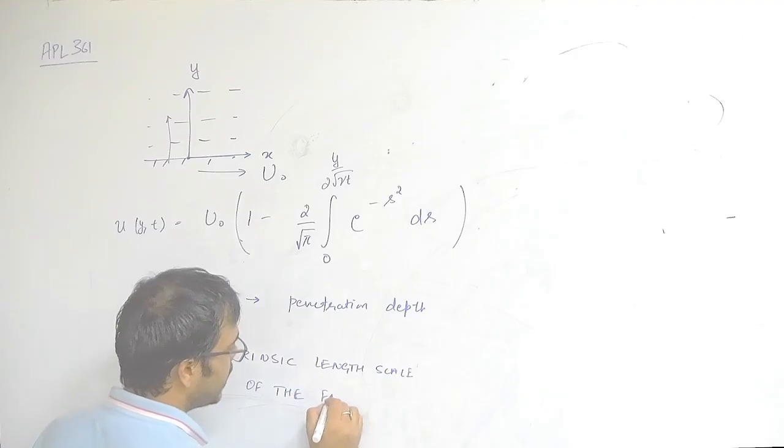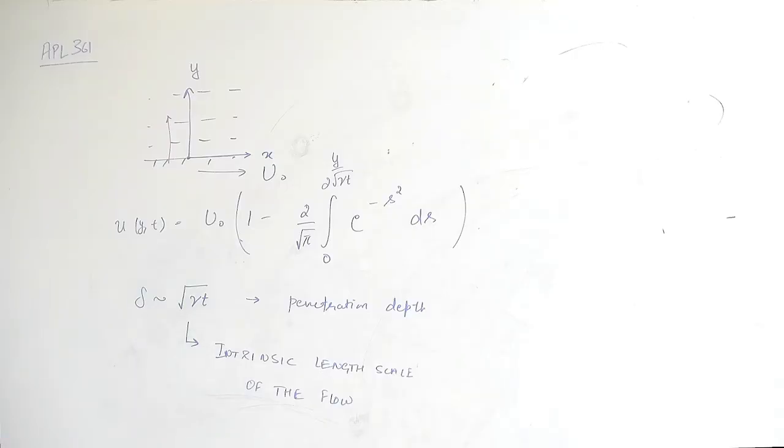What it means is that there is no externally imposed geometry or geometric scale in this flow, because the fluid extends from y equal to 0 all the way to y tends to infinity. So the only length scale in the problem is the intrinsic length scale of the flow. If there was no flow, there is no length scale.